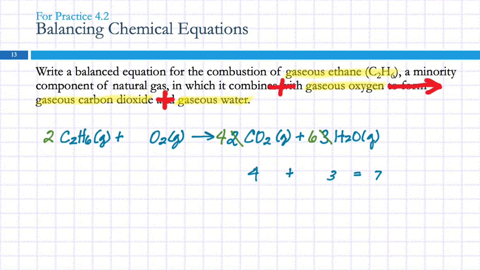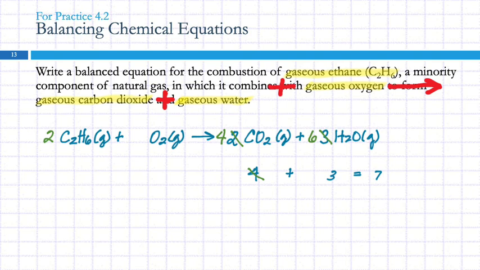Because I did it everywhere, I have not messed up the carbon and hydrogen balance. Now I have 4 carbons and 4 carbons. I have 12 hydrogens, and 6 times 2, 12 hydrogens.